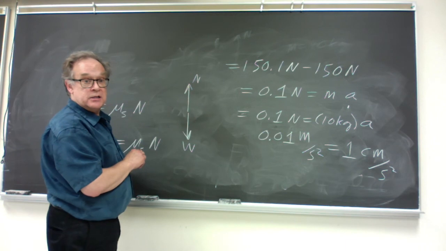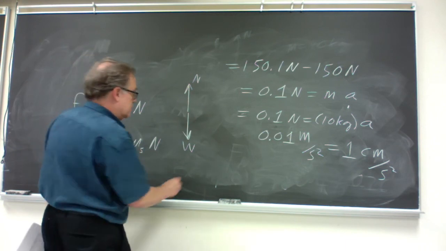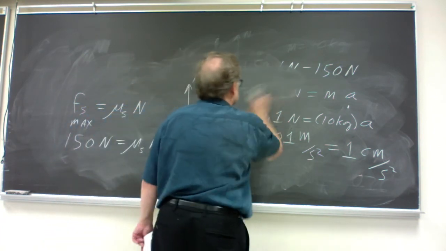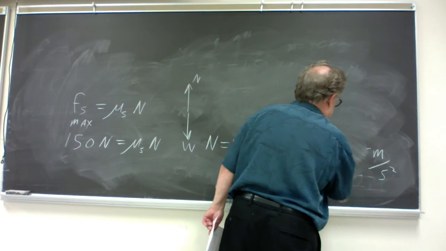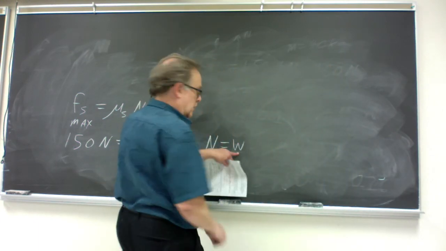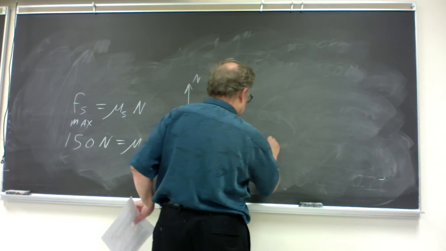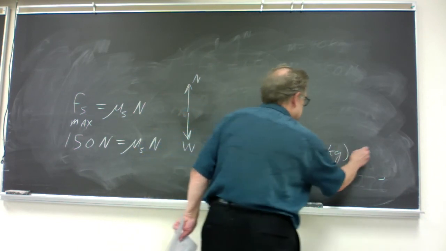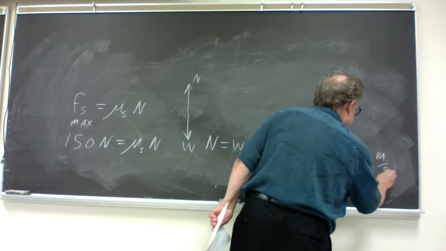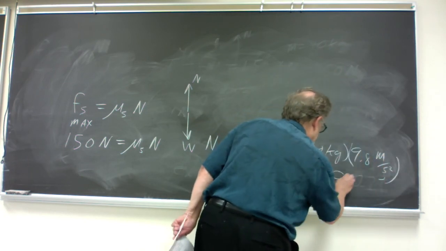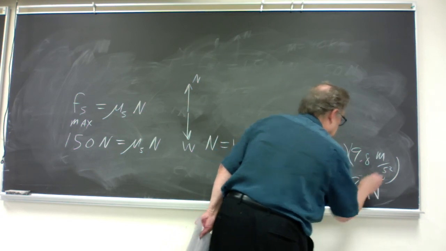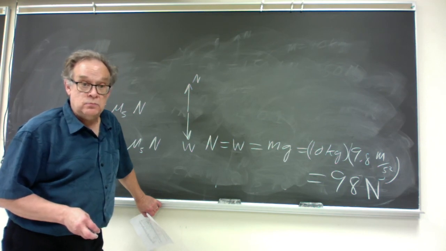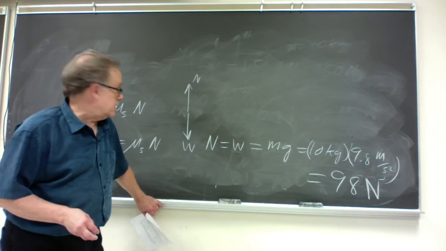Which means these two have to cancel each other out, so they have to be equally strong to cancel each other out. And that weight is just mass times g, 10 kilograms times 9.8 meters per second squared, or 98 newtons.